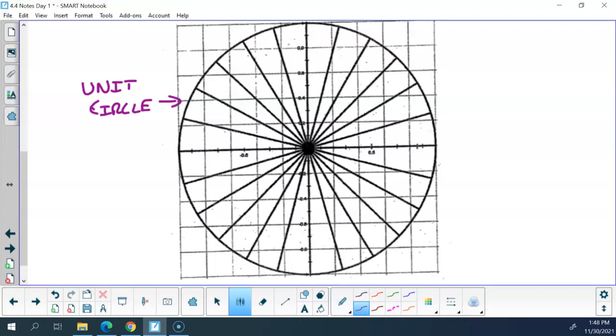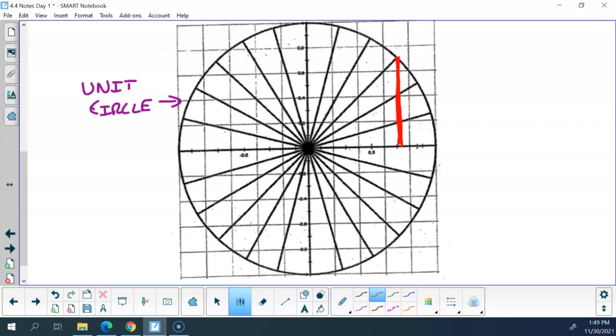Since we're graphing sine, what we're going to be measuring is the vertical distance to an angle measure.